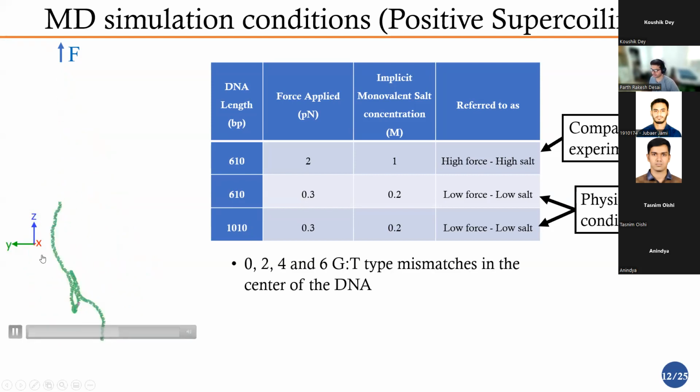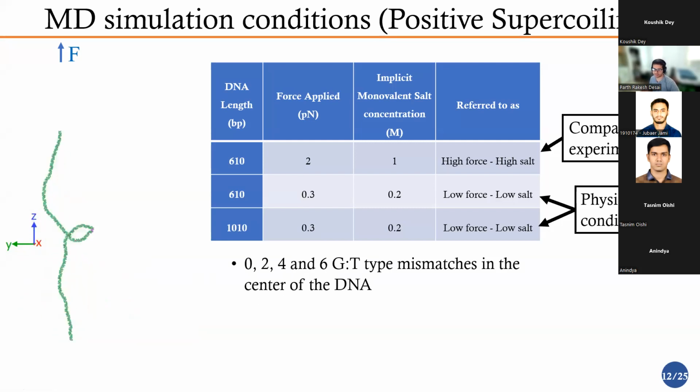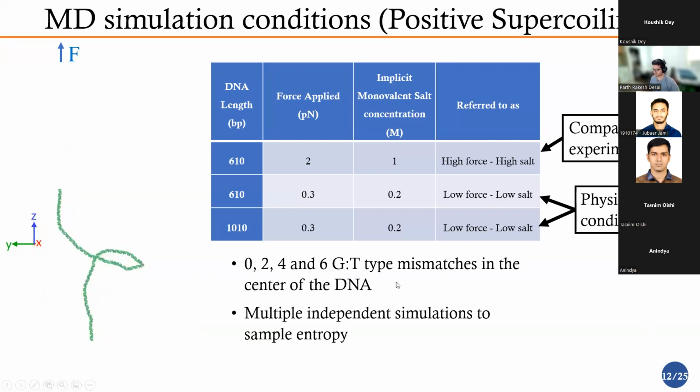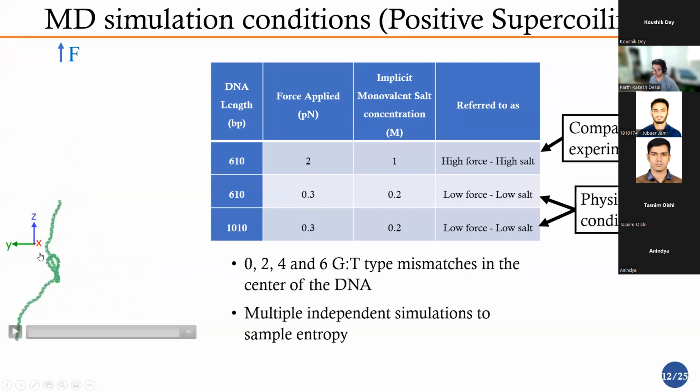Right. So we did 2, 4, and 6 mismatches at the center of the DNA, again to test how the ease of bending affects the plectoneme pinning. And then we did multiple simulations of each condition to have enough data to sample the entropy correctly. Each simulation was run for around 100 microseconds.